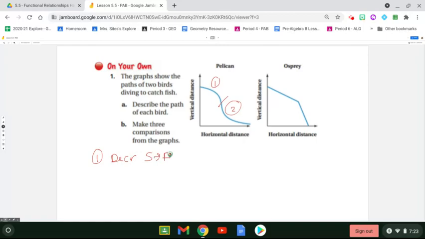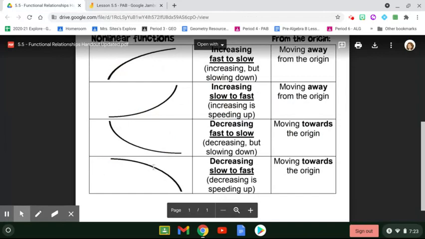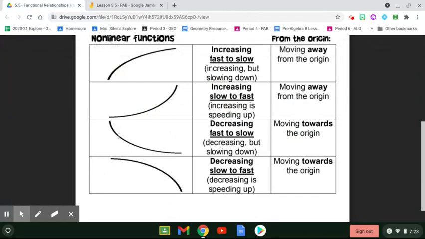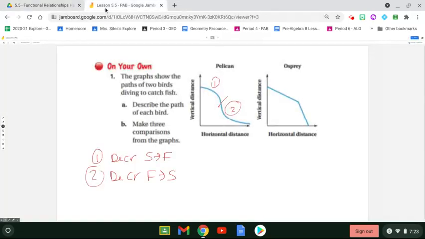And then maybe for the second section, it's again decreasing, but from fast to slow. So maybe that pelican's coming in down close to the water because it sees what it's going to take out of the water. It's making its approach and then swoops in right above the surface of the water.